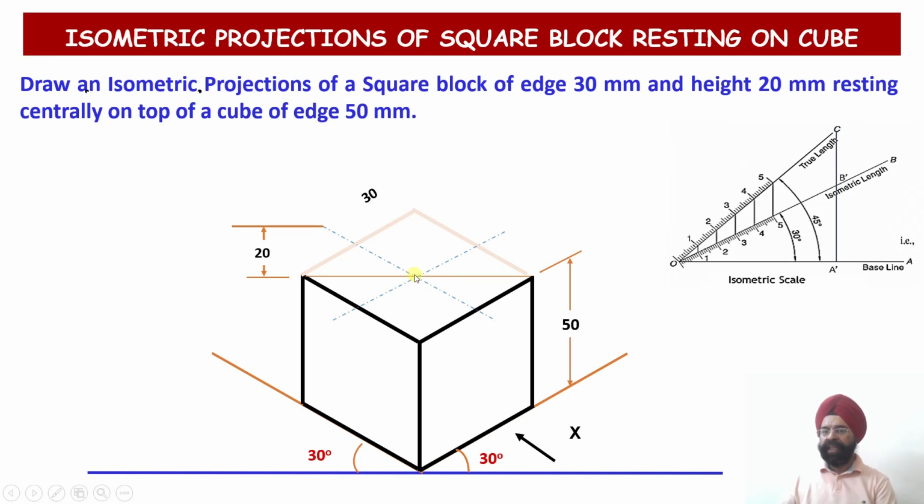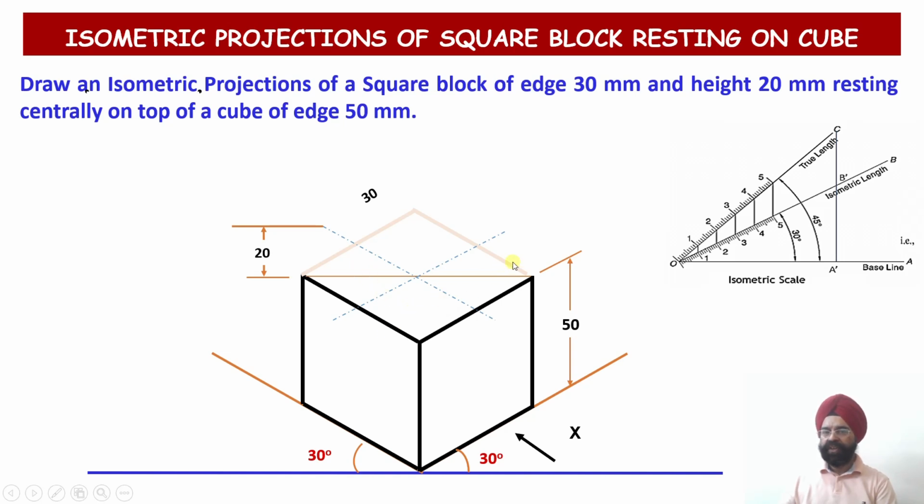Now once I obtain the axis, the edge of the square block happens to be 30 millimeter. What I'll be doing? Please see. I'll draw a horizontal locus line or a projector line or a construction line parallel to this axis line, displaced by 15 millimeter on this side, 15 millimeter on this side.